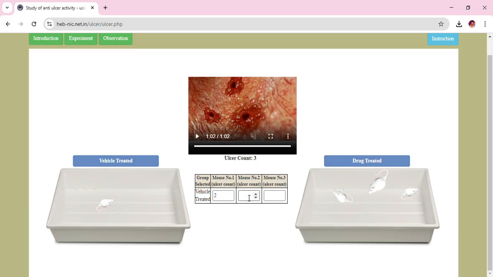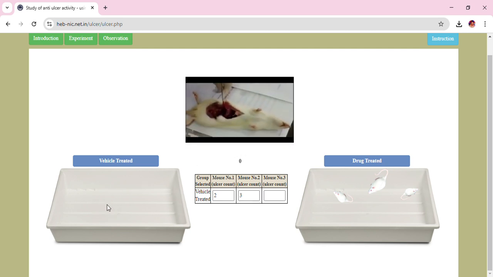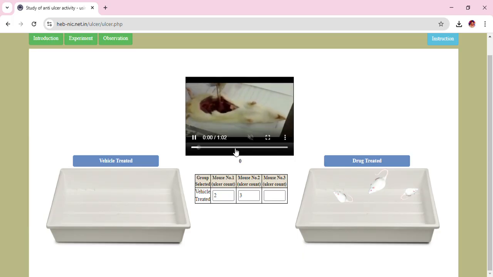So here we are getting an ulcer count of 3. So 1, 2, 3. The same procedure is followed for animal number 3.